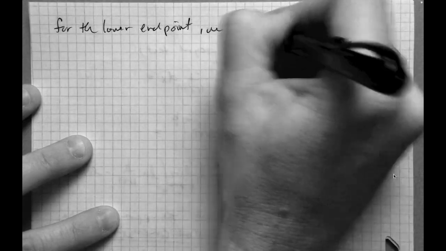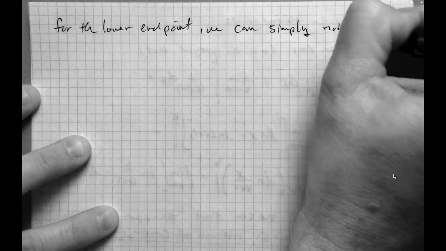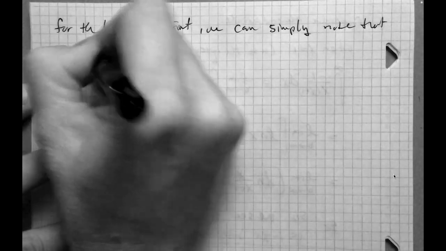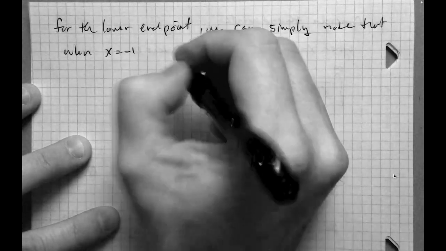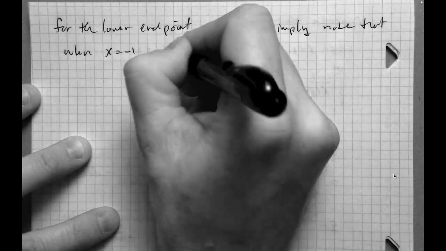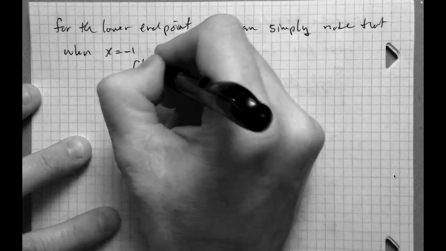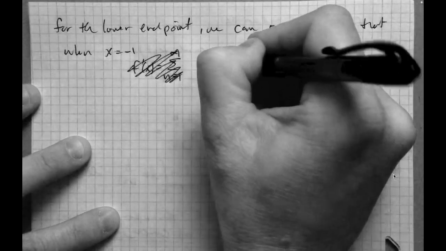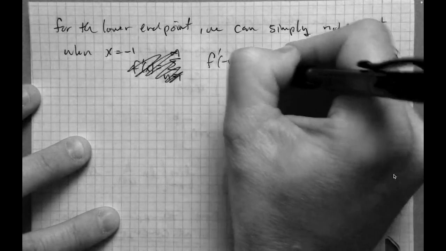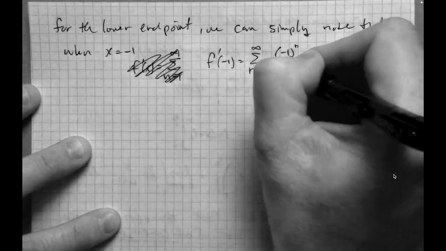we can simply note that when x equals -1, the sum from n equals 1 to infinity, this is the derivative again. So when x is equal to -1, f prime of -1 is the sum from n equals 1 to infinity of -1 to the nth power over n.